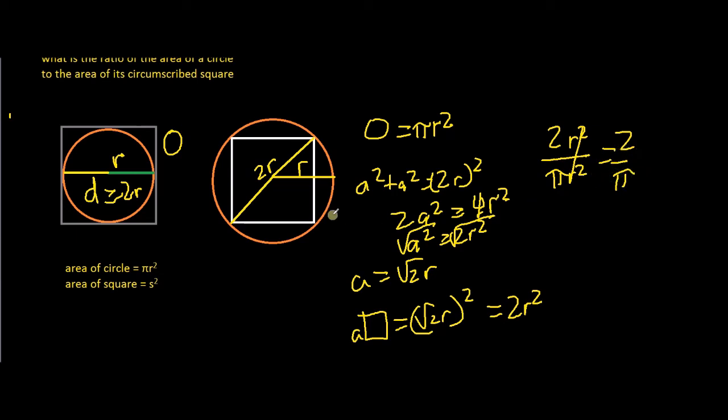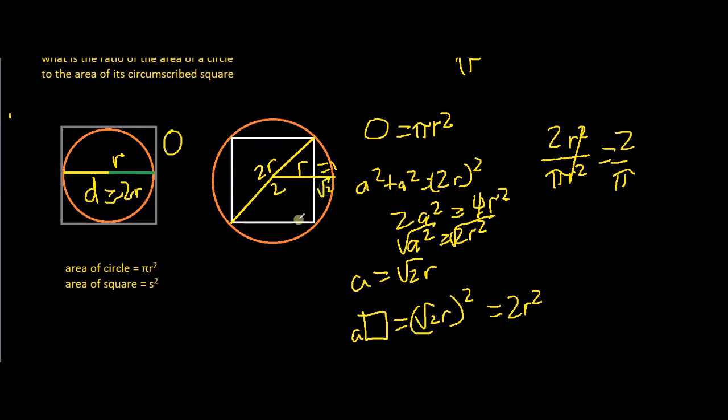So let's fill in some numbers here. Let's say the radius is 1. Well, then the area of this circle, if the radius equals 1, is just pi, because pi times r squared is pi. Then the diameter of the circle, of the square, is 2.